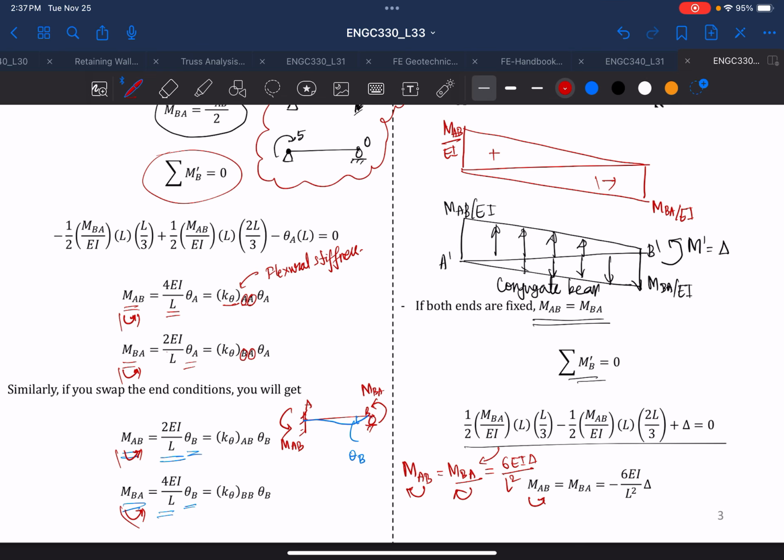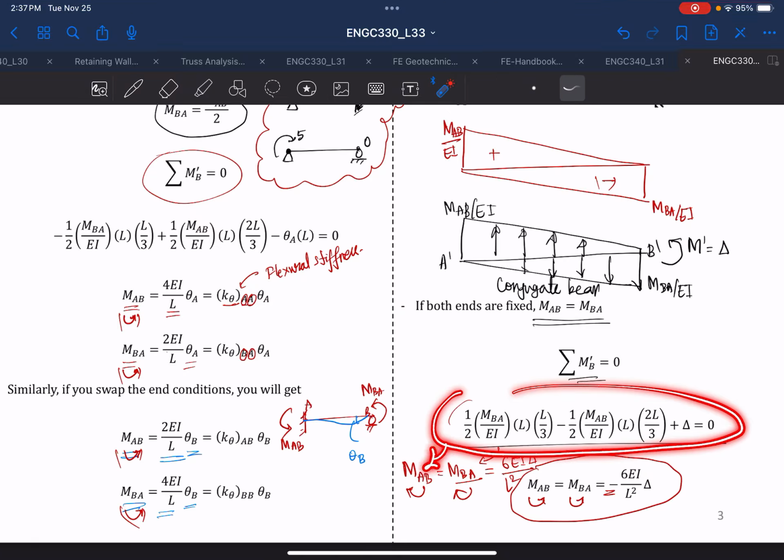So if we make it counterclockwise, then it'll become negative. So that's why you have this final equation: MAB is equal to MBA is equal to negative 6EI over L square times delta. So this is the reason why we have negative. If you solve the actual calculation, you will get a positive.